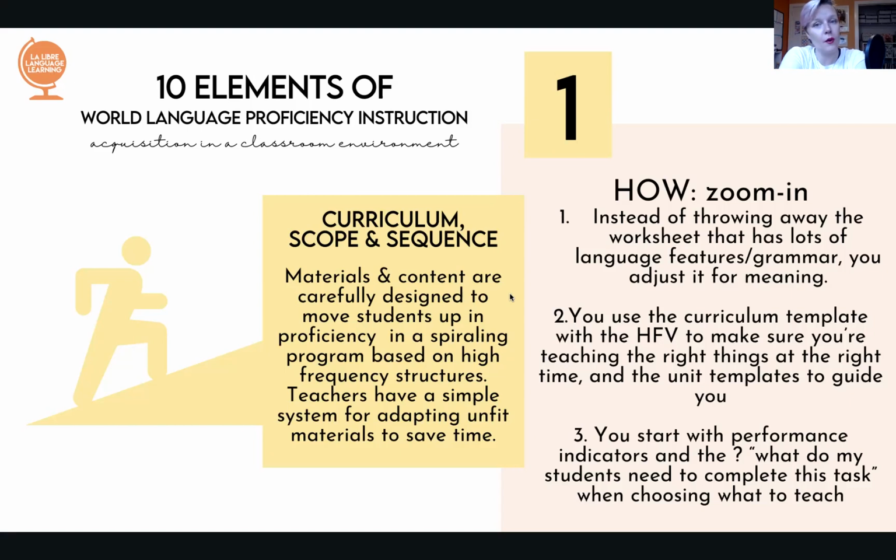There's no need to throw away the baby with the bathwater. Meaning that if your department, if you as a person, or if your district is transitioning, like most people are, into a more proficiency-oriented program, and you're trying to get away from that big old grammar syllabus, you cannot start from zero. That is a recipe for disaster in so many ways. Oh, so many ways.